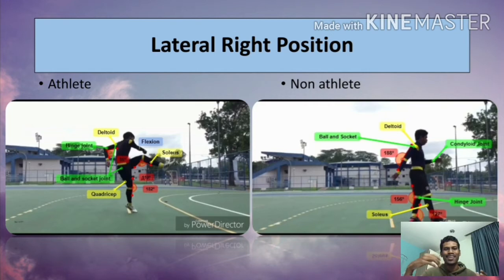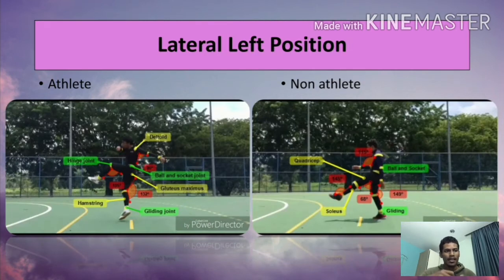But this can be seen for the trained athlete; for the non-athlete, his supporting leg will be on the ground and stay there, and he might flex his knees a little bit like this, because he did not know the full technique of kicking the ball.